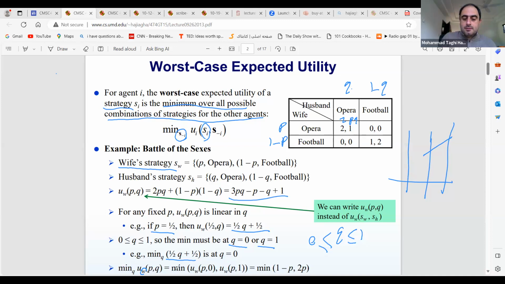In that case, we are taking the minimum at Q equal to 0 and Q equal to 1. And again, you can just write the formula and see that. So that's the minimum that we obtain.